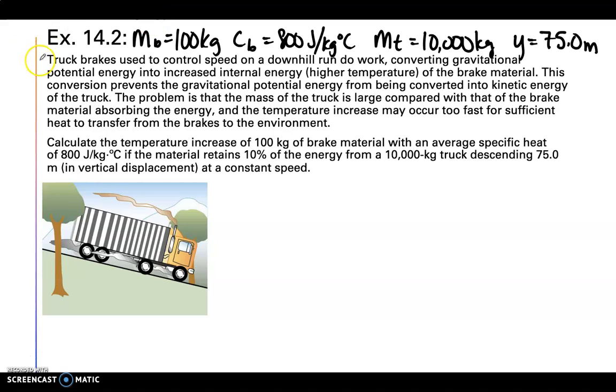Now, in this paragraph, it talked about turning gravitational potential energy into increased internal energy and increasing the temperature. So what that tells me is that my gravitational potential energy is going to turn into my heat, Q.